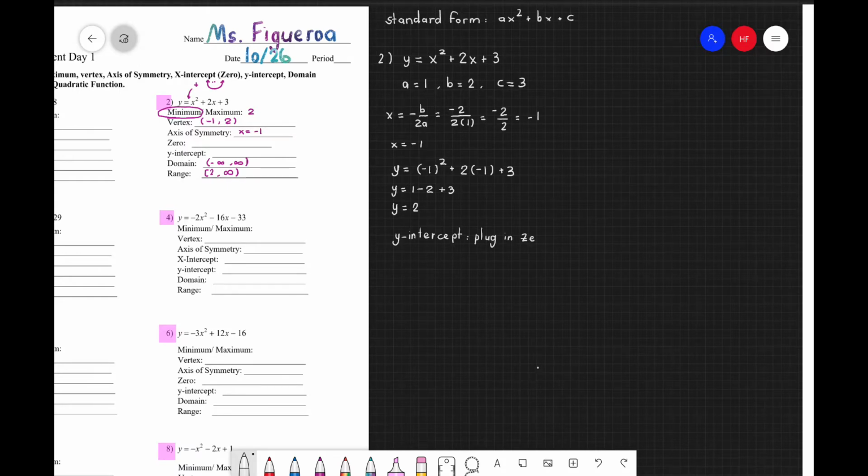Remember, with my standard form, that's super easy because it's going to go y equals 0 squared plus 2 times 0 plus 3. So the first two will always cancel. So y equals 3. And then when I'm writing my y-intercept, I make sure that the x value is 0, and then the y value is whatever I got. So now the only thing left is to find my 0.